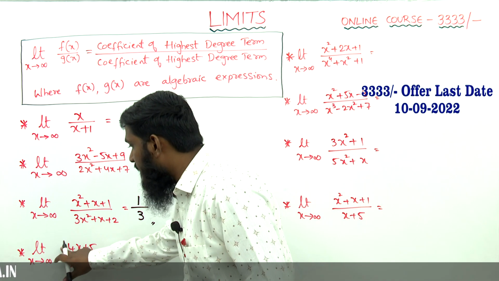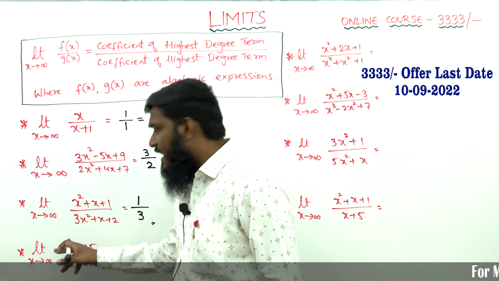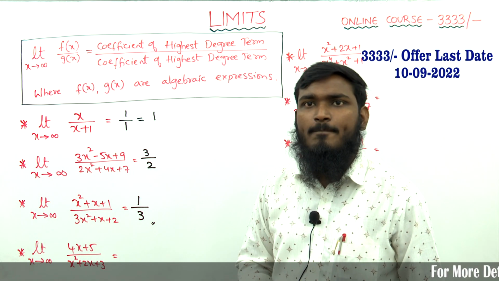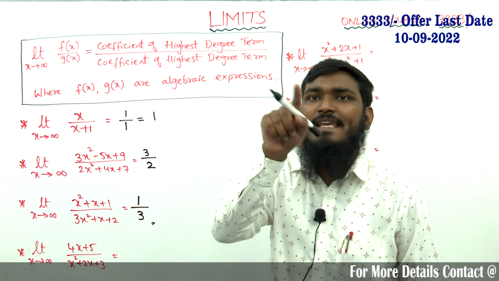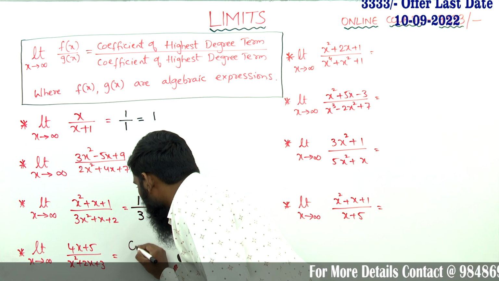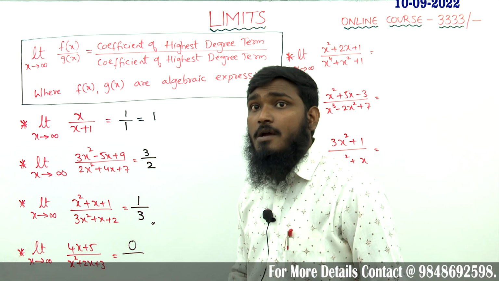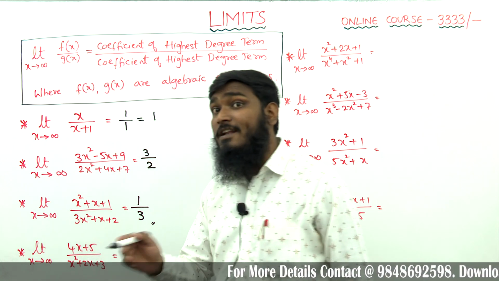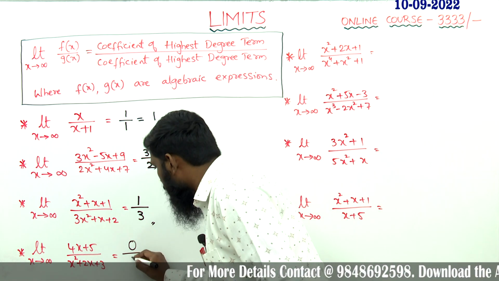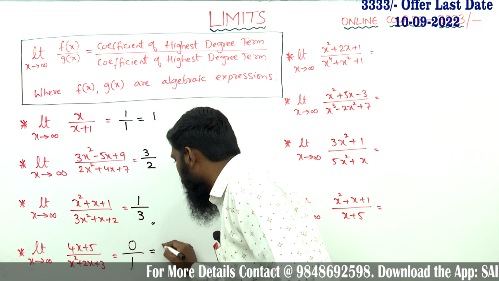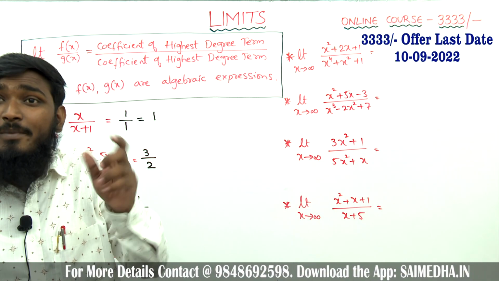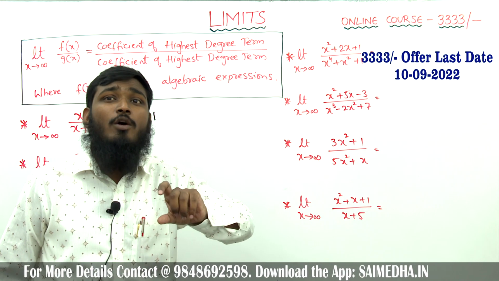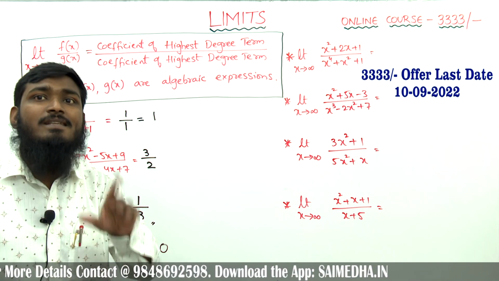In the numerator, x square is not there, so the coefficient is 0. So we write 0 in the numerator divided by the coefficient of x square in the denominator, which is 1. So 0 by 1 is equal to 0. That's it. If the highest degree term is not there in the numerator or denominator, we have to take that number as 0.